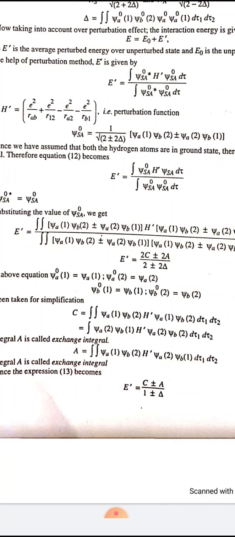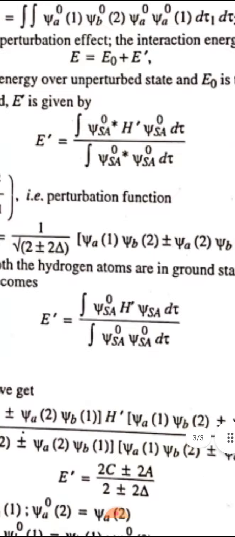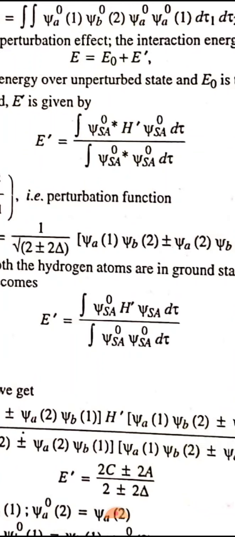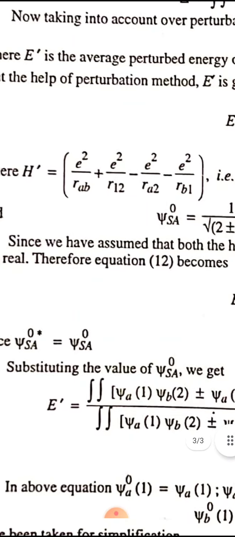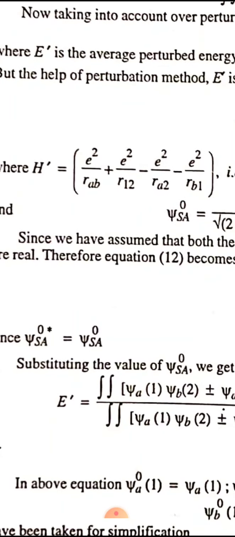By the help of this perturbation method, which we have already read in unit 1, the expression for E dash can be written as the integral of psi SA star H dash psi SA, and the denominator is the integral of psi SA star psi SA d tau, where H dash equals e square by RAB plus e square by R12 minus e square by RA2 minus e square by RB1.